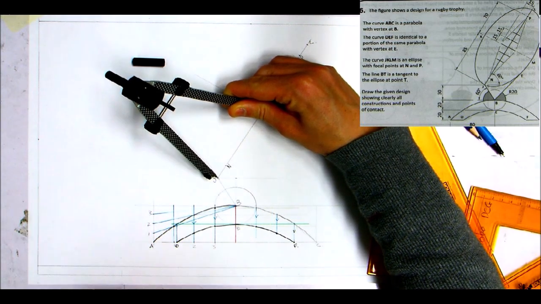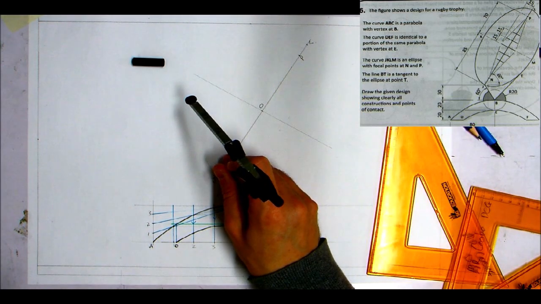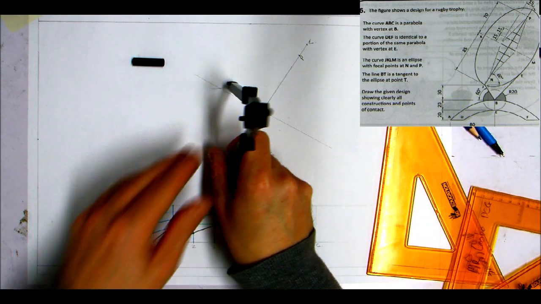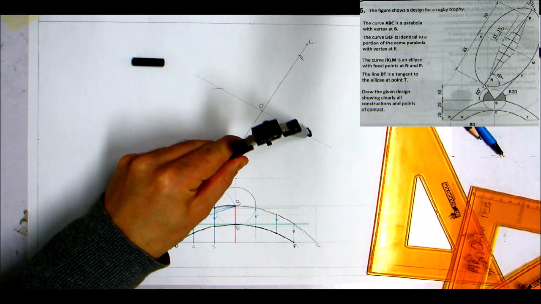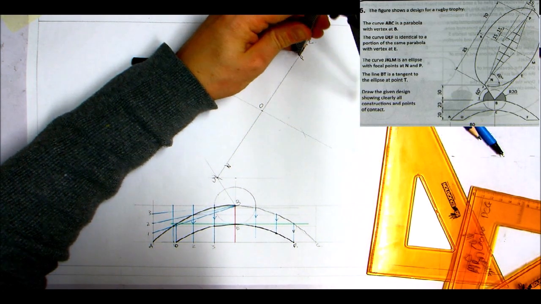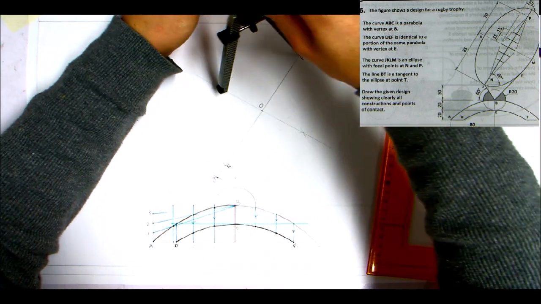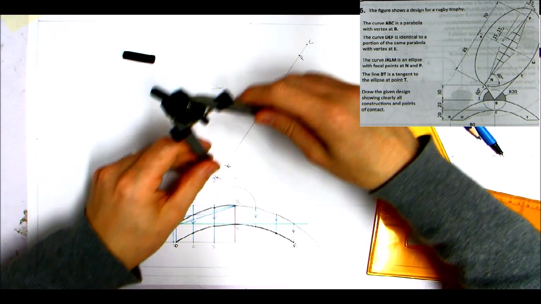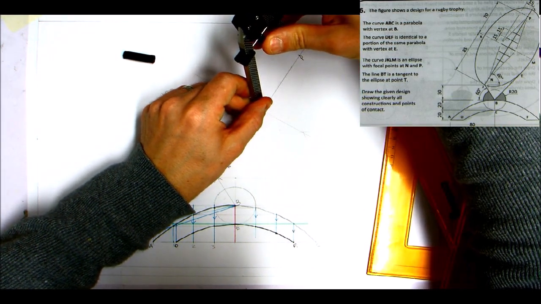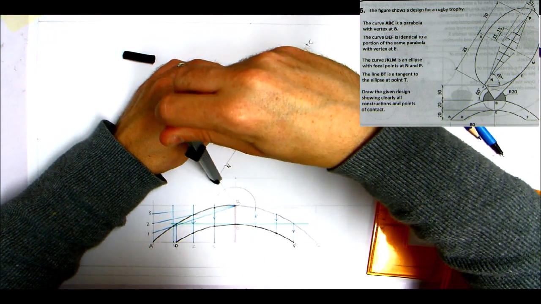So if I get half the major and I swing it from a focal point, it will give me my minor. There's the point of the minor on one side, there's the point of the minor on the other. If you want to test your theory, swing the same one from P and see if you get the same point. Exact same point. Making sure I have the right distance here. So half the major. There we go. Half the major from the minor.